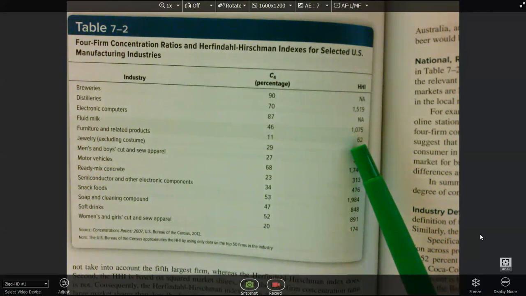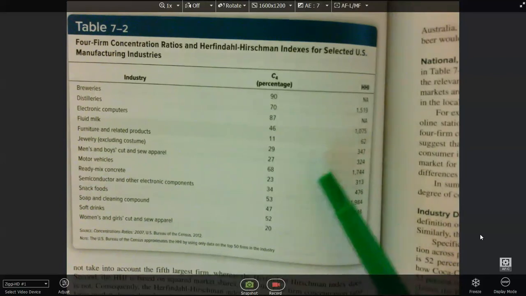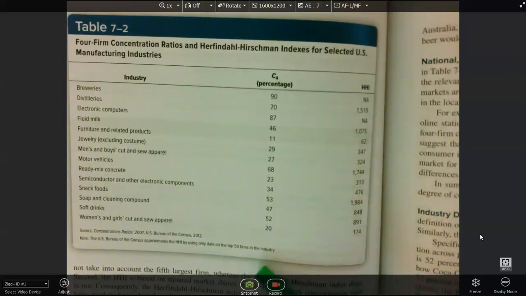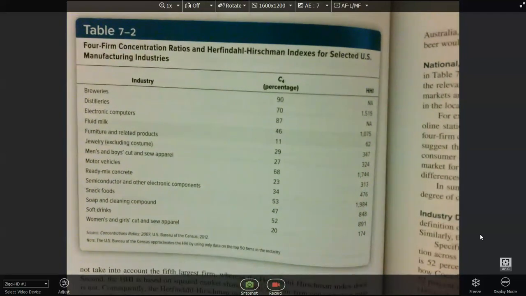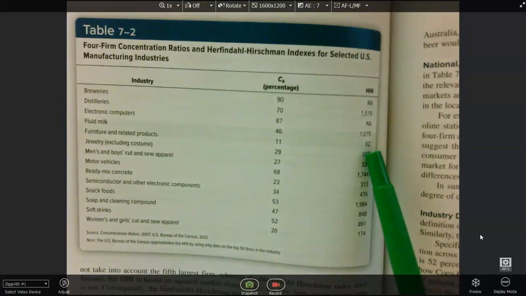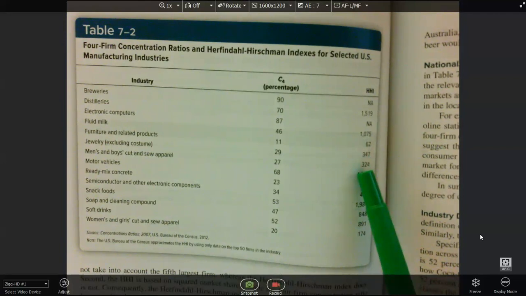There's concentration in what's very similar to furniture, but there's concentration in televisions, I bet, right? Don't we have televisions on here? Maybe not. Someone should find out. What's the HHI for the television industry? I'd be curious. But that's very, very low, right? Jewelry, not costume jewelry, is low as well.